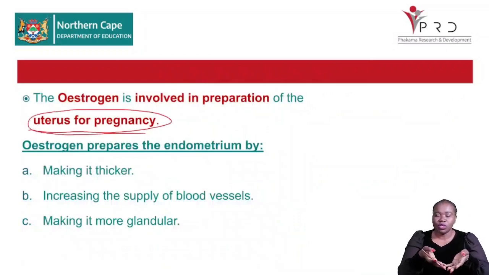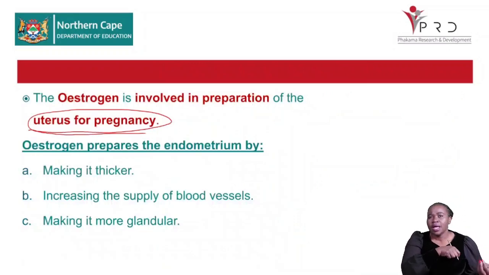We know the function of the uterus. We know that the uterus is the part of the female's reproductive system that holds and protects that developing embryo during pregnancy, right? So it prepares the uterus for that pregnancy, so that it can hold implantation of the embryo and for pregnancy to be successful, basically.